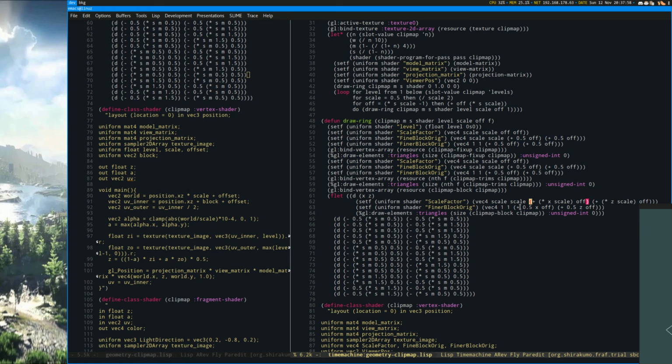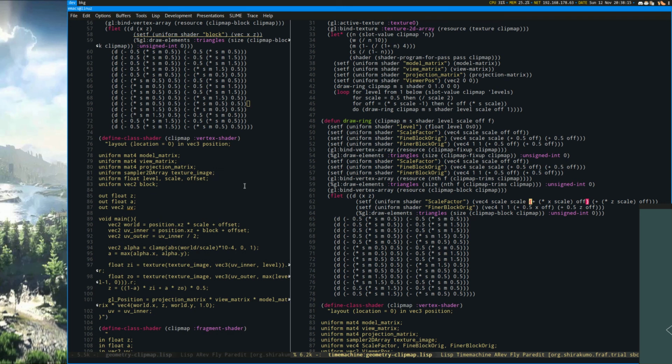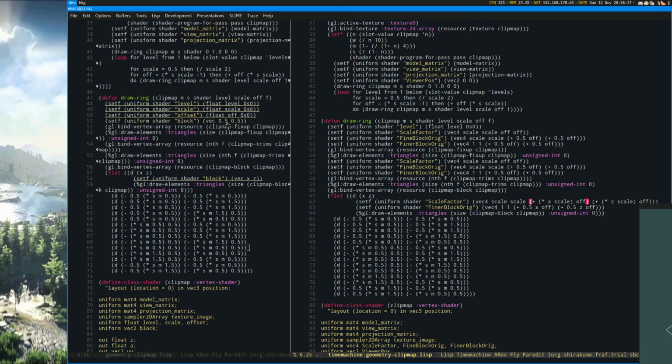Maybe, yeah, and then here, what do we have? 0.5 plus off. And if that were 0 again, that would work. Okay. So I think we can do it with just what I have right now, and the block needs to be 0 up here. Yeah.